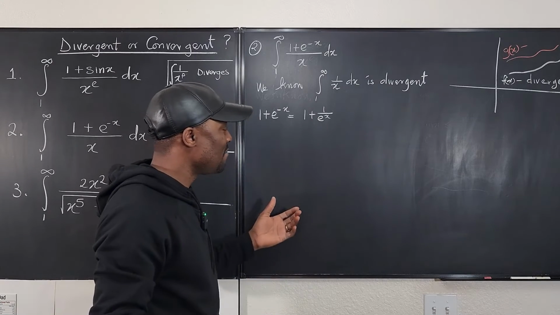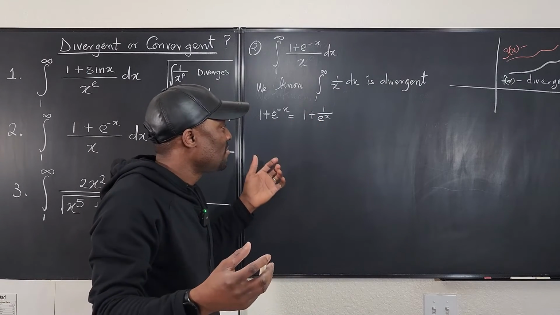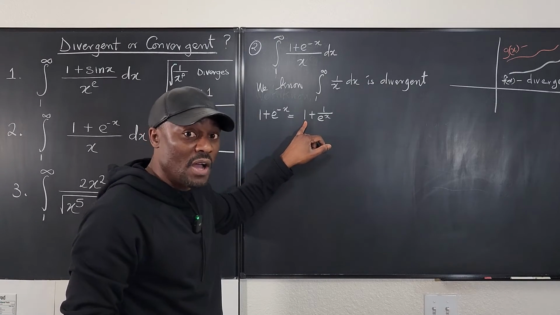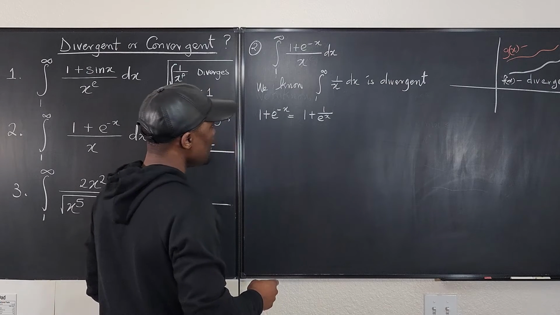The biggest value it can be will be 1 plus 1 over e, okay, which we really don't need. So the smallest value this can be is 1. So we can actually now start comparing the value.